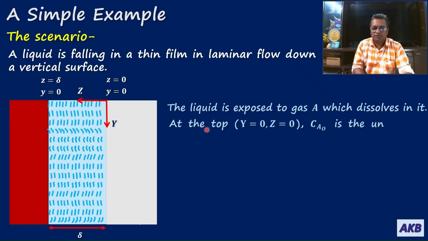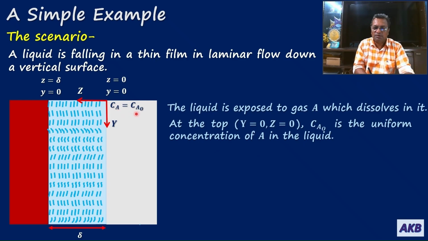Now at the top, where Y is 0 and Z is 0, CA0 is the uniform concentration of E in the liquid. So at the top, CA is equal to CA0. And what is CA0? CA0 is the uniform concentration of E at Z equal to 0 and Y equal to 0.